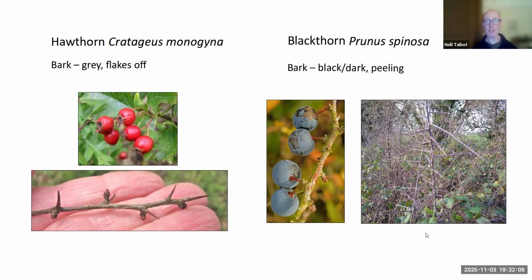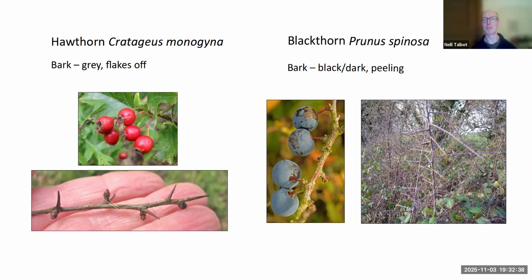Another difference is that the hawthorn bark is greyish and flakes off in patches as it grows, whereas the blackthorn has a very dark or black bark, and the bark tends to peel off.